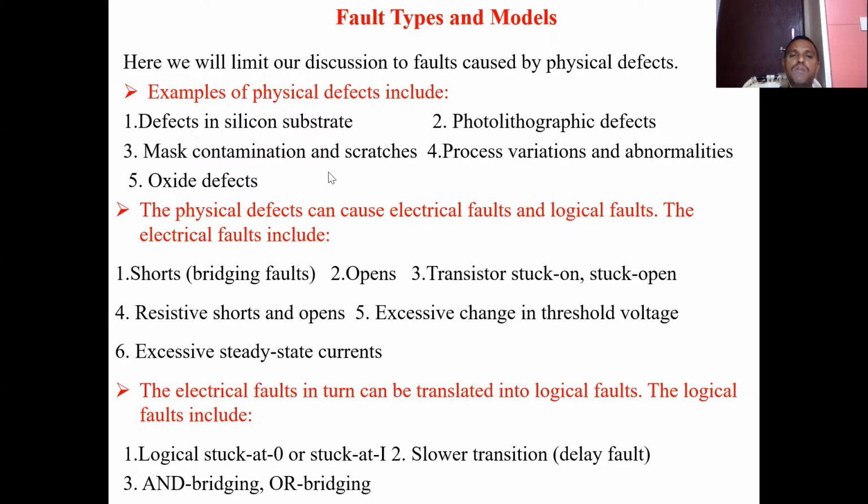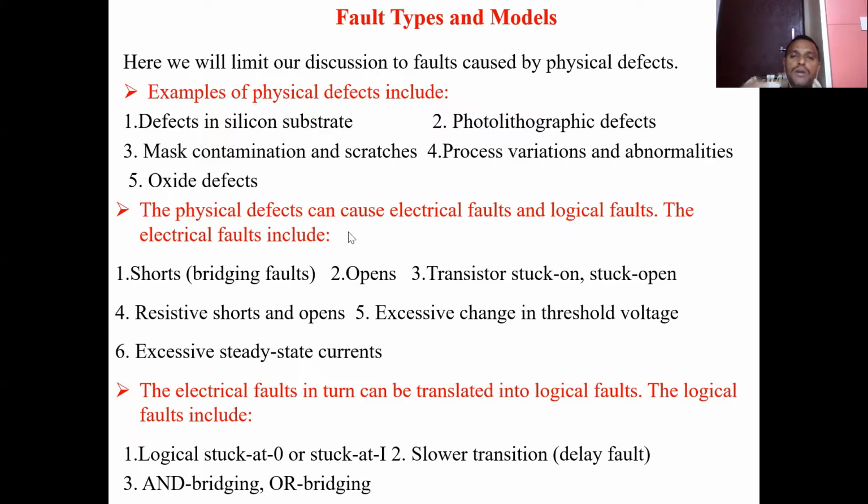These physical defects cause electrical faults, and those electrical faults cause logical faults.